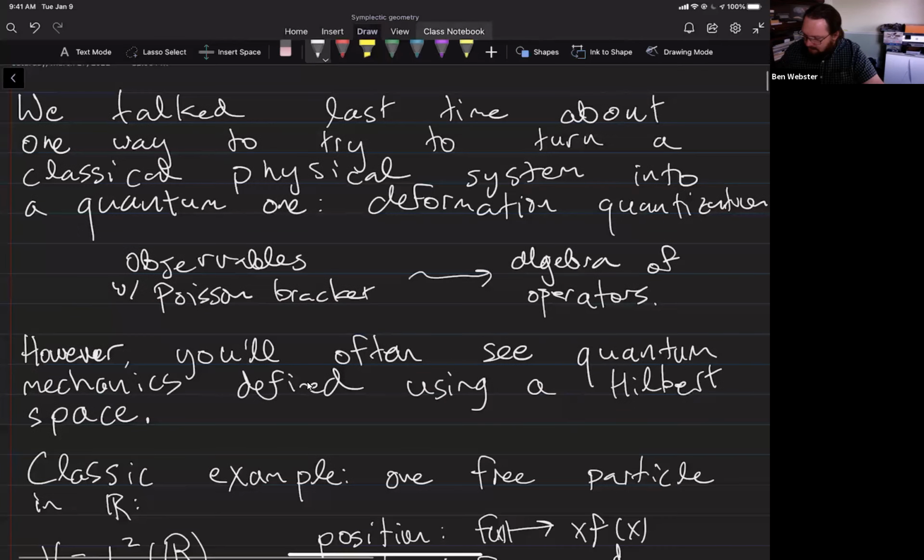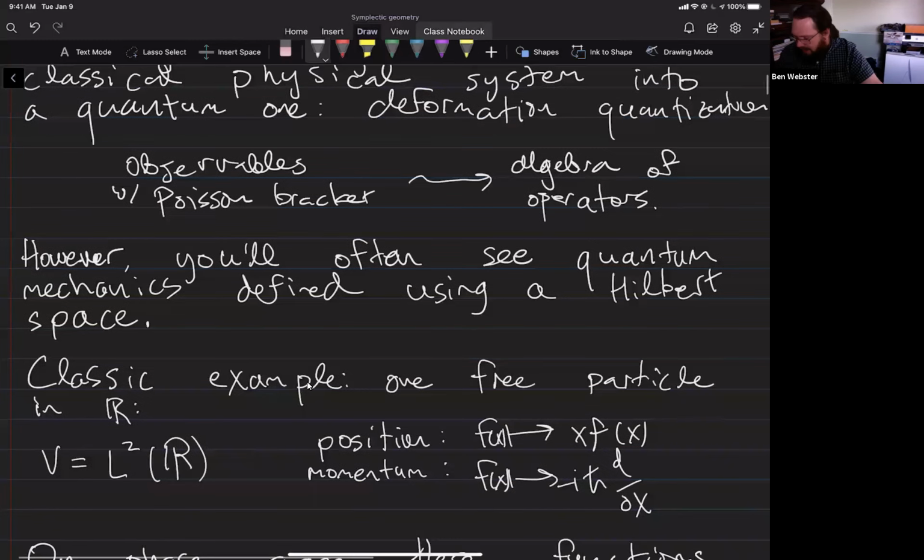All right. So the classic example, but always a really good one to keep in mind, is you have a free particle moving on a line. And if I were in classical mechanics, I would just say this particle has a position, it has a momentum. If you take a quantum mechanics class, you'll learn instead that you should describe it as a complex valued function on the line.